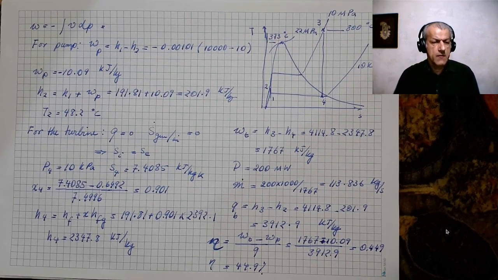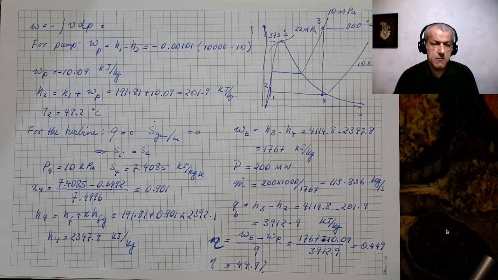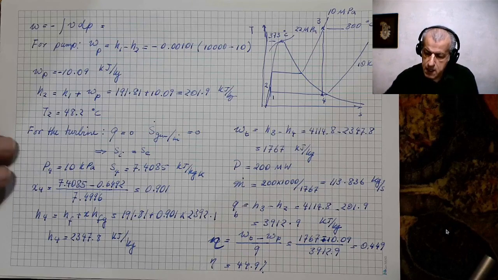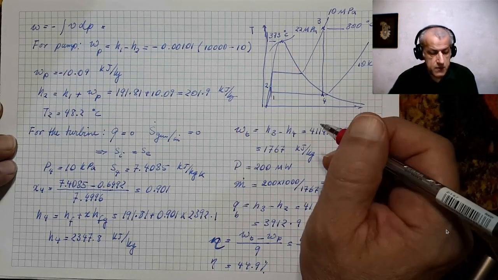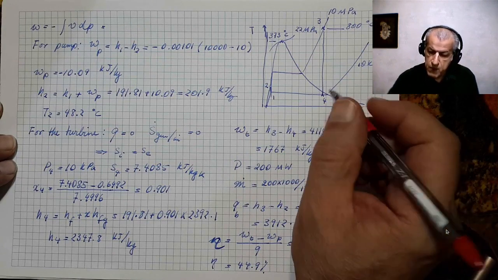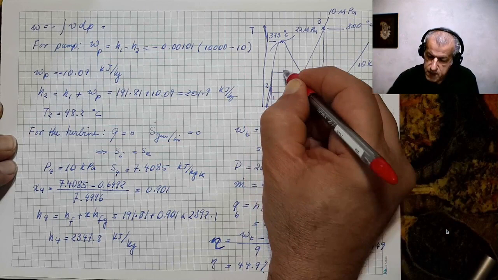Well, now we have this efficiency. Let's compare it, just like what we did before, with the efficiency of a Carnot cycle. You see, we could assume two Carnot cycles for this problem. One would be a Carnot cycle which is between these lines.